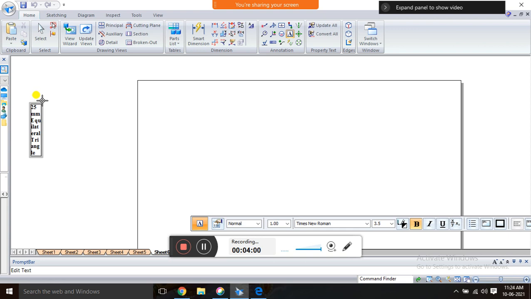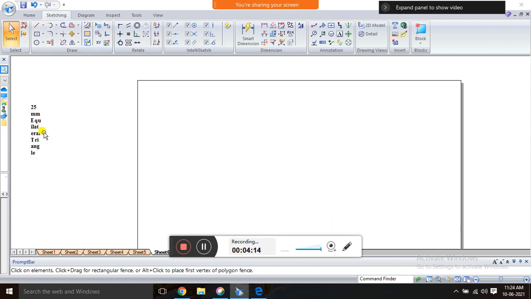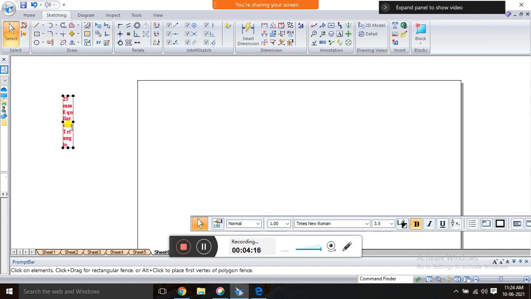First point you have to see the plane. Second thing, it is on HP. Third thing, edge condition.